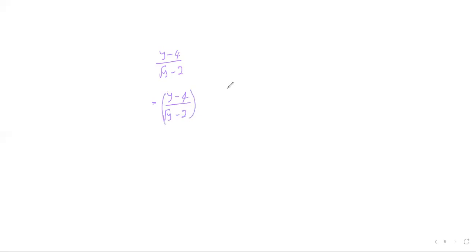If I multiply by 1, it's going to be the root of y plus 2 over the root of y plus 2. This is a 1. And then on the bottom here, it's like I have a squared minus b squared. The difference of two squares is a minus b into a plus b.